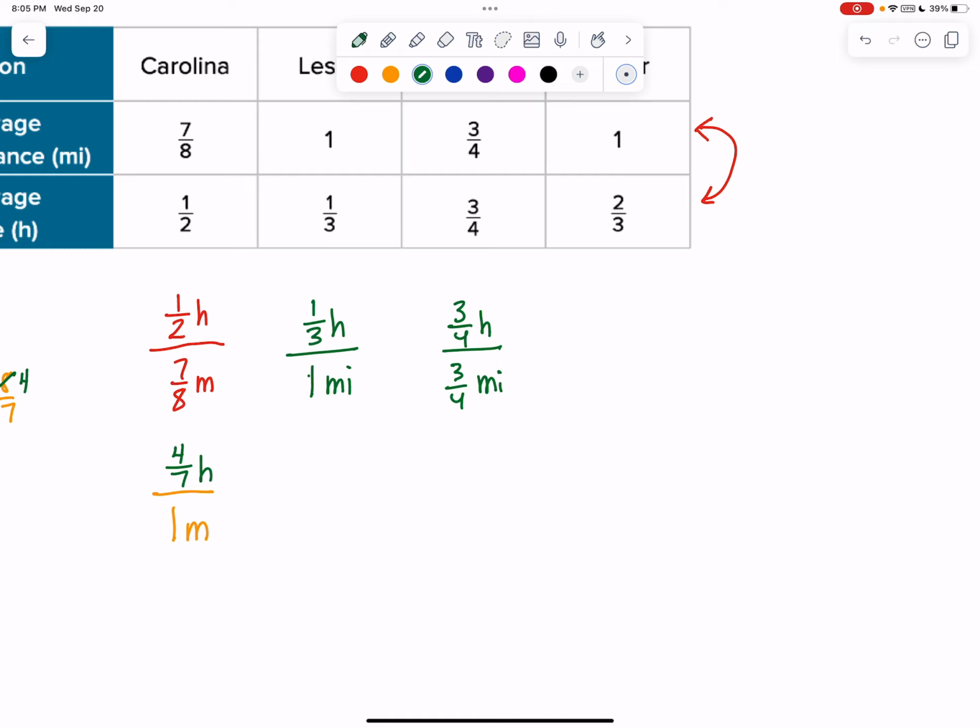Well, 3/4 divided by 3/4 is 1. So that's actually going to end up being 1 hour per 1 mile, okay? Because it's a 1-to-1 ratio. And then our last one, let's go ahead and set up 2/3 hours per 1 mile. It's already in a unit rate, so we're done with that one too, okay?